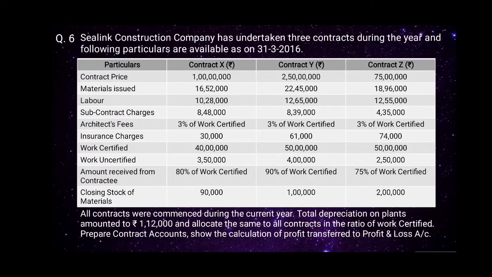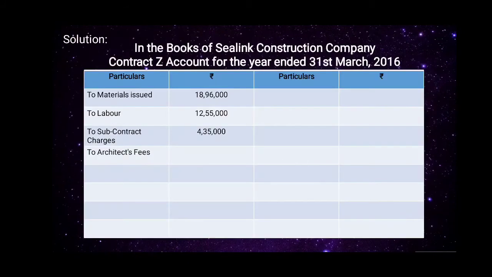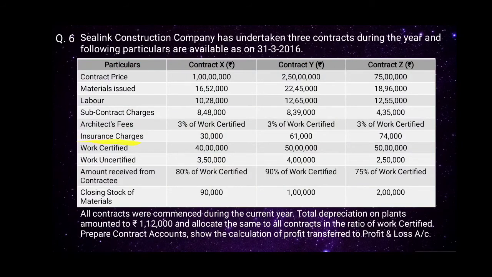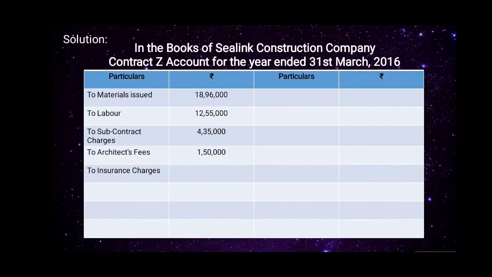So 3% of 50 lakhs, to architect's fees, amount will be 1,50,000. Next is insurance charges. For contract Z, it is 74,000. So we'll record it on the debit side to insurance charges, amount is rupees 74,000.